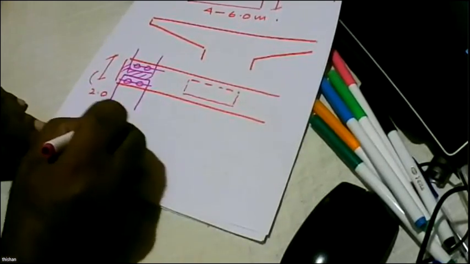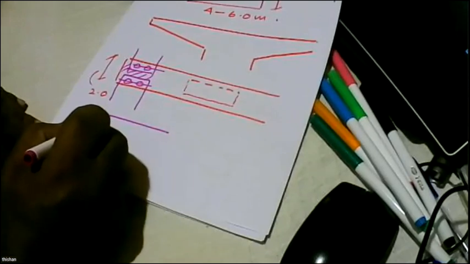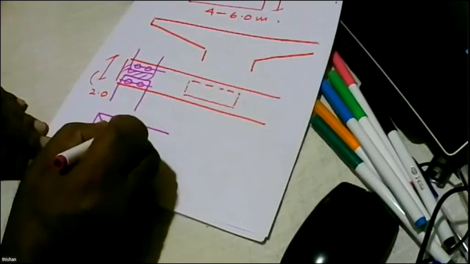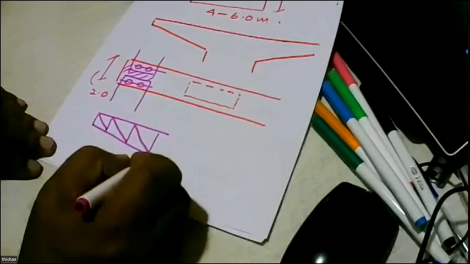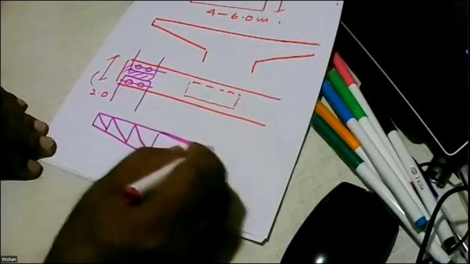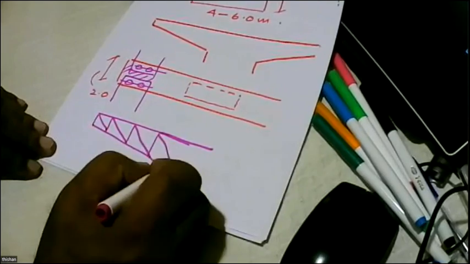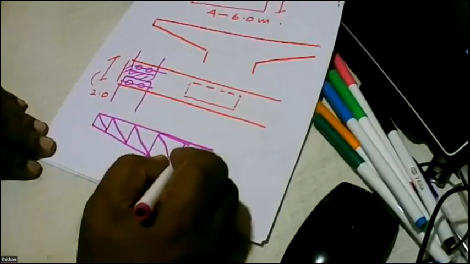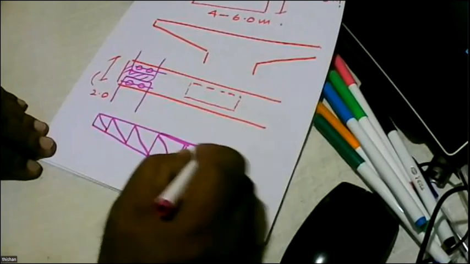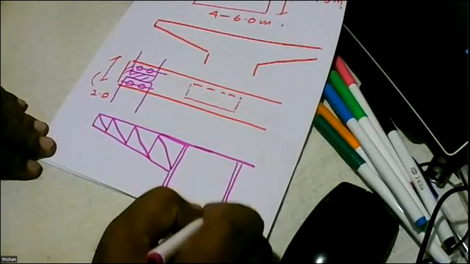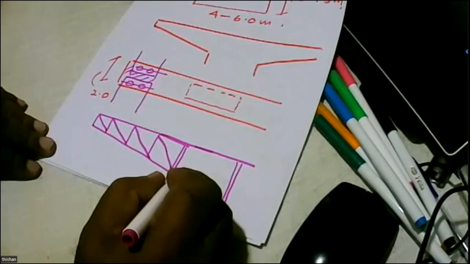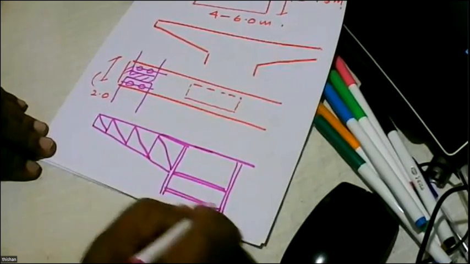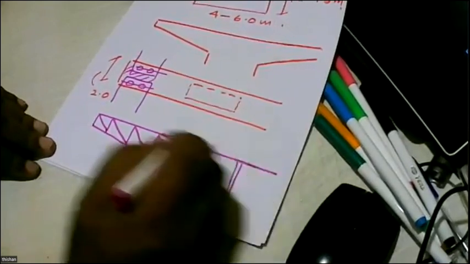So one of the possibilities is to create a truss, like that. And then here also you can have 2 columns and then connect them with a moment resisting frame like this and create a structure.